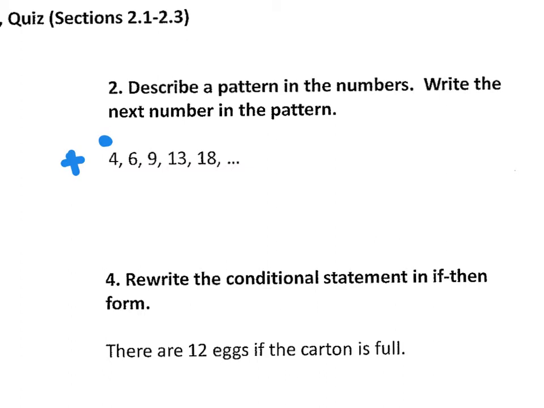So the challenge is figuring out which operation is going on, how to get from 4 to 6, okay? If the numbers aren't getting too big too quick, which they're kind of not, you're probably going to be adding. And then figure out what's the next number, okay? If you're not sure at any time, please come see me and ask questions.